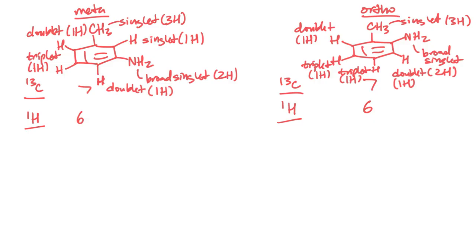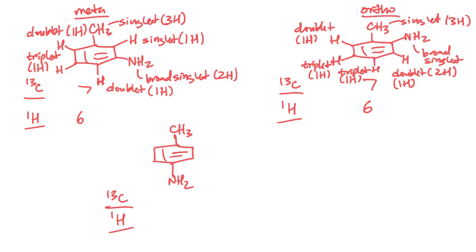The last one was the para. How many unique types of carbon will this have?